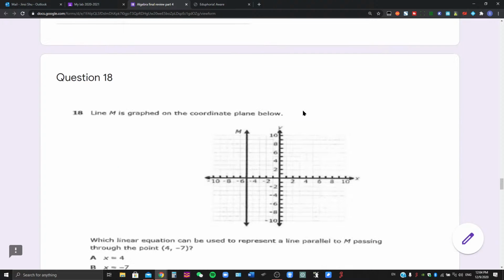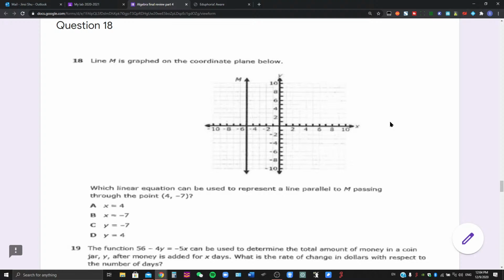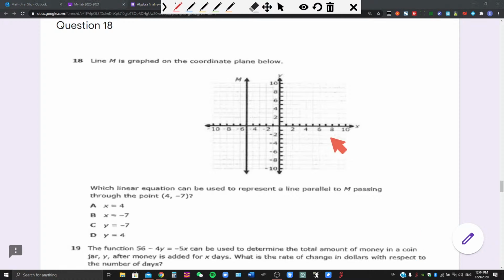Let's go to 18. Line M is graphed. So we have a line. Which linear equation can be used to represent a line parallel to M passing through the point 4 and negative 7? First, let's find out where is that point. 4, negative 7.